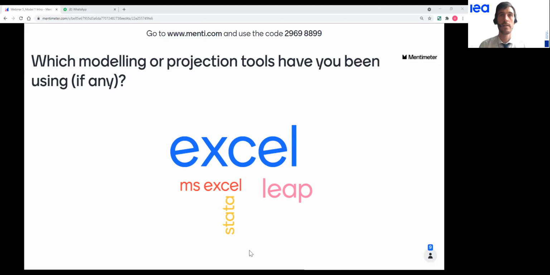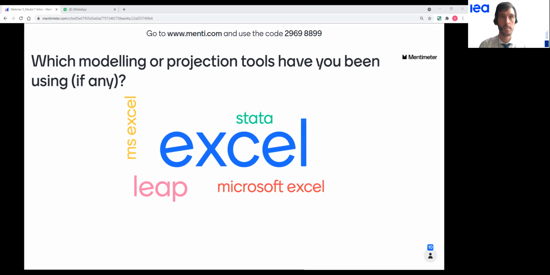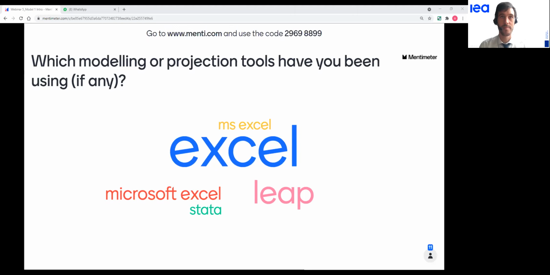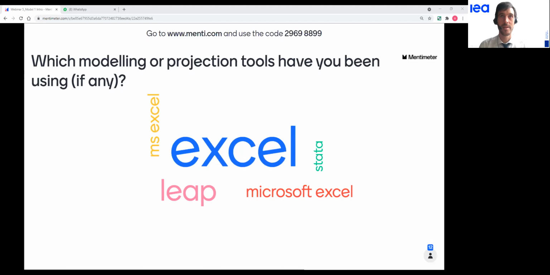Stata. Okay, so it looks like Excel is a main one, and good news, this is something we'll be working on together.